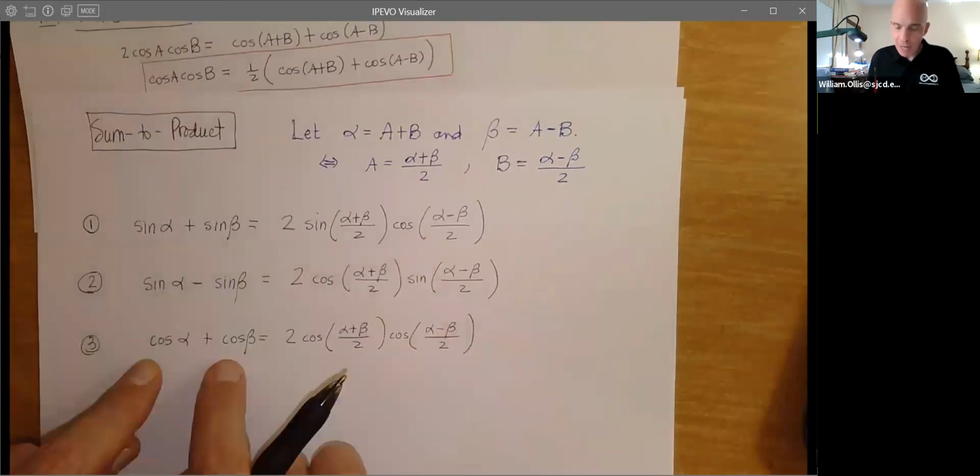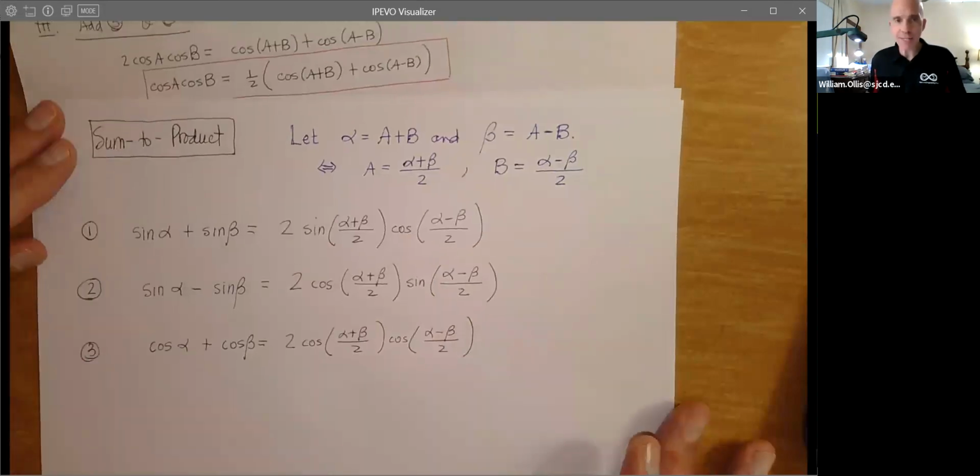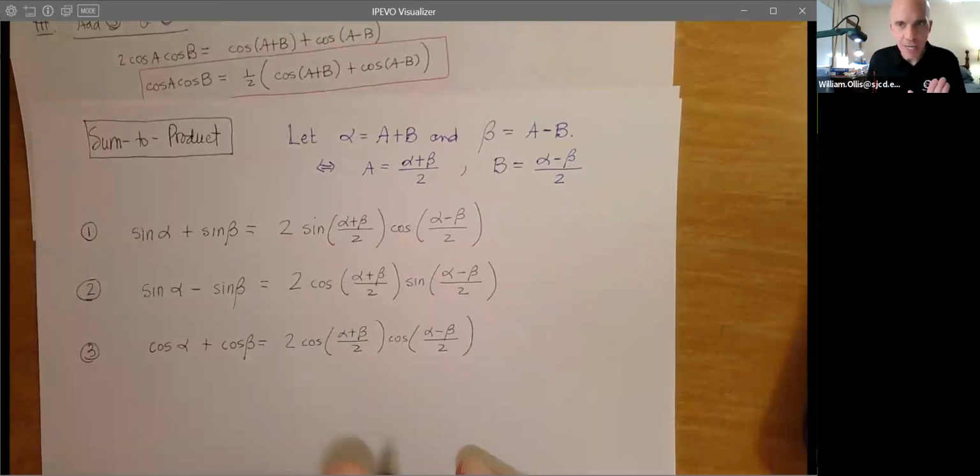The cosine sums only have the cosines, and the difference of the cosines will only have the sines. So they're not as simple to remember.